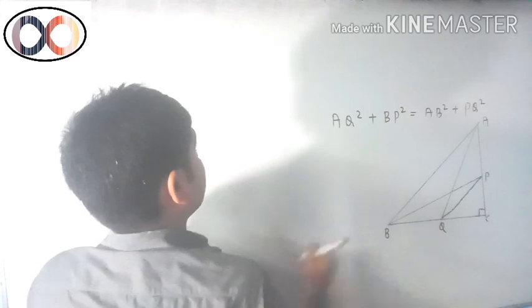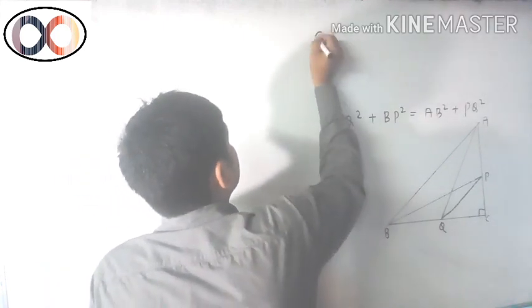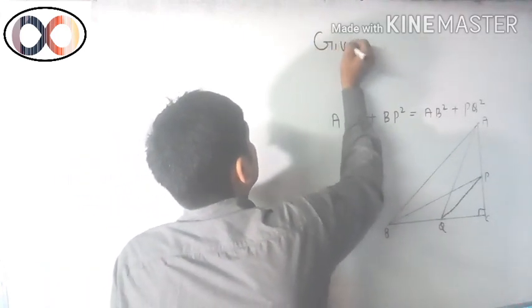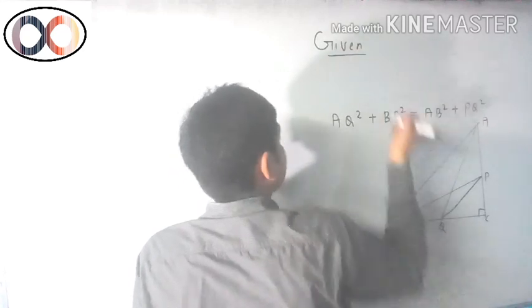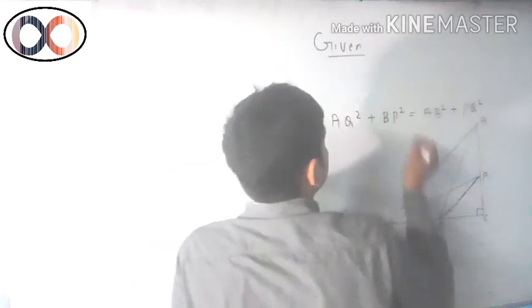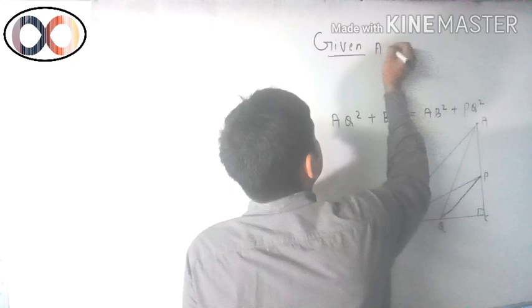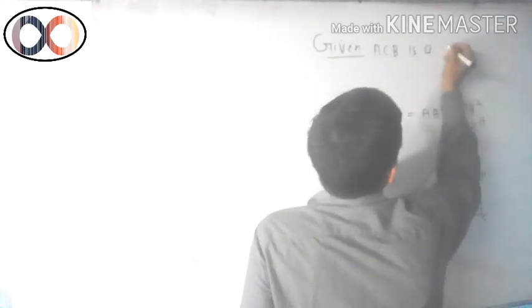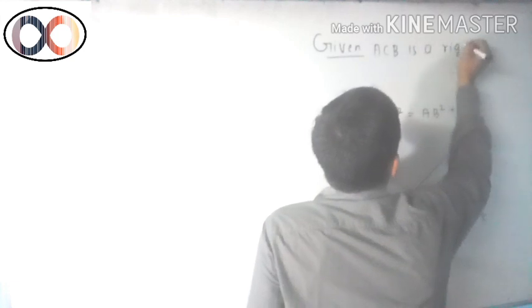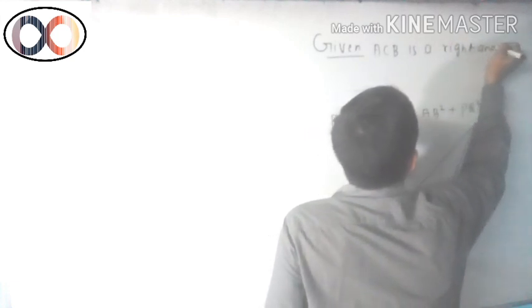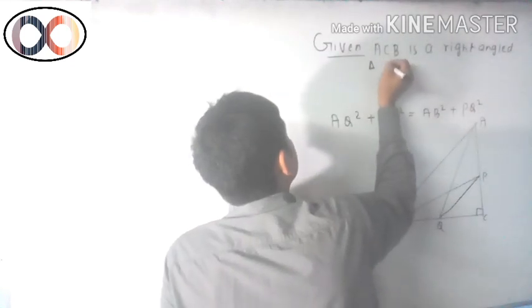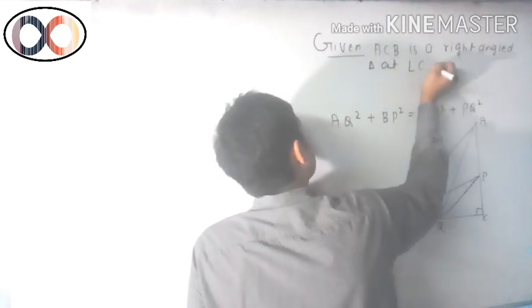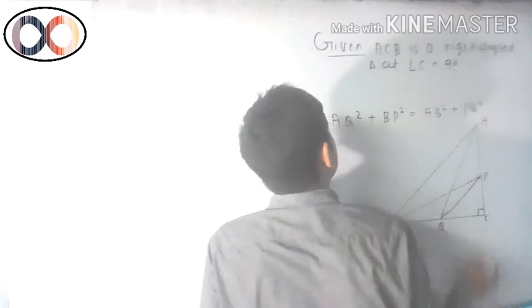So first we write given: ABC is a right angle triangle, right angle at C, that is, angle C equals 90 degrees. And this is the part of proof.